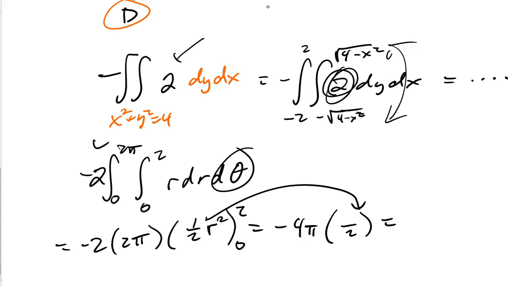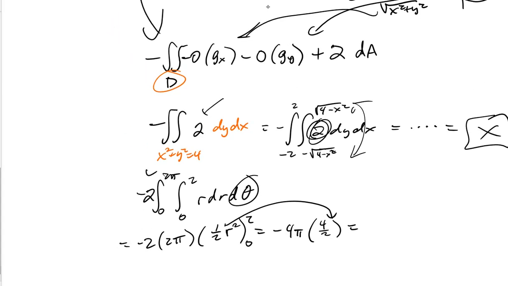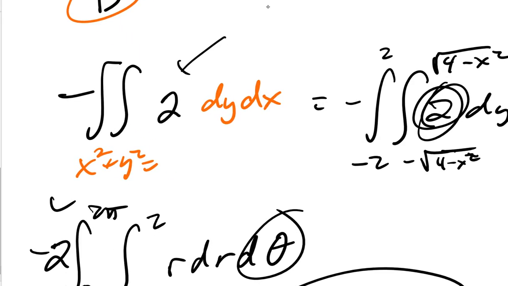Yeah, I screwed up somewhere. This is 4 over 2. Oh, I'm sorry. It's not 0 to 2. This is 16.